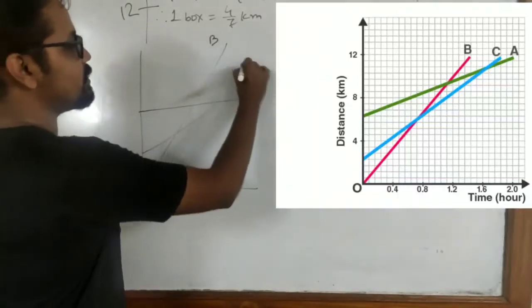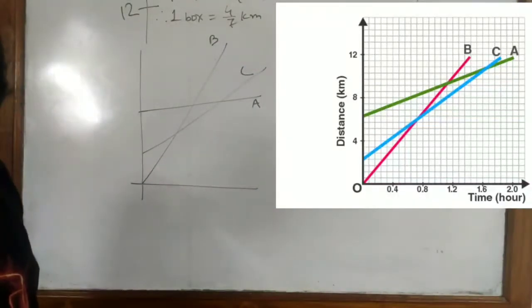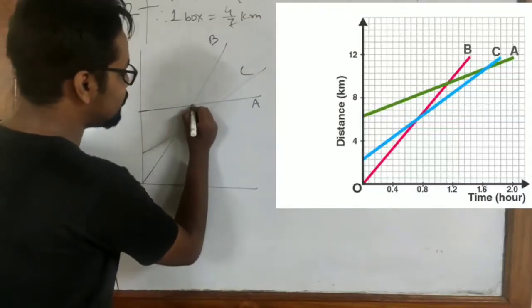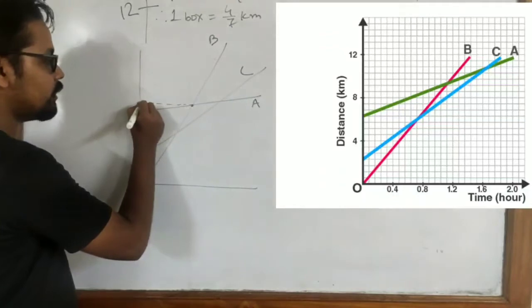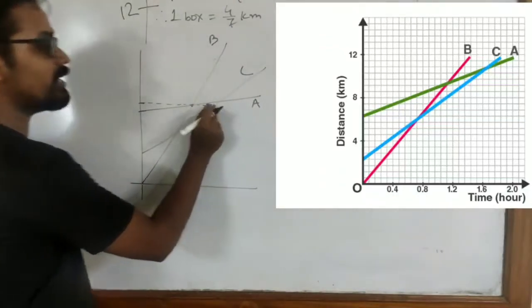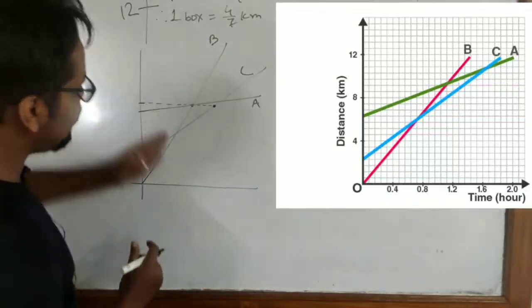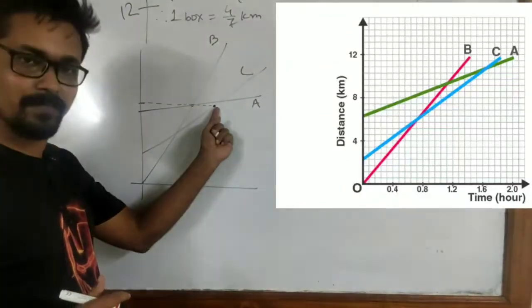So it is B, C and A. We need to find how much C has traveled when B passes A. This is the point where C was when B passed A. I hope it is clear. B is passing A at this point, and at that time C was here.